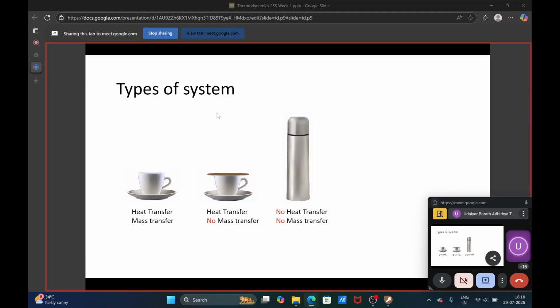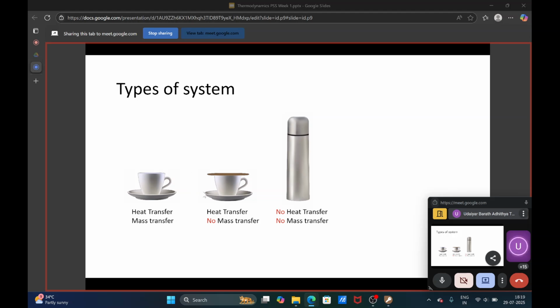But if you assume the mass which is inside the balloon, so you have a balloon filled with air and you puncture it, the air inside, if you consider that, then it becomes a control mass. But if you assume that the balloon boundary is your system, then that becomes a control volume.